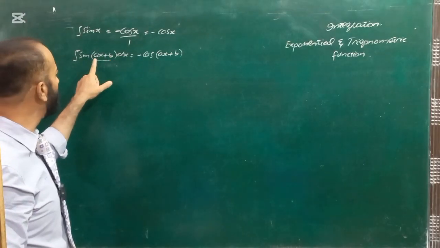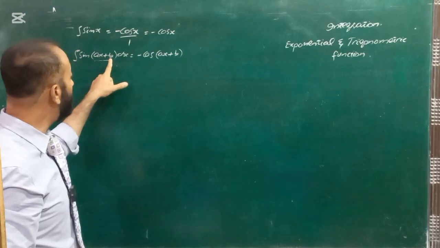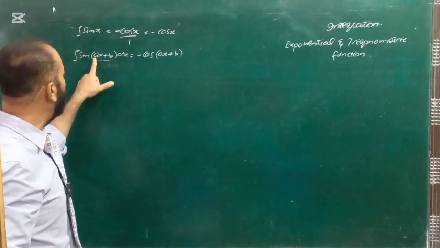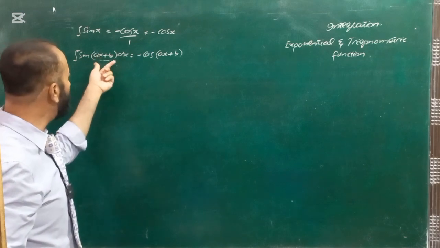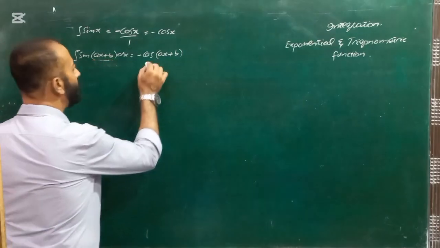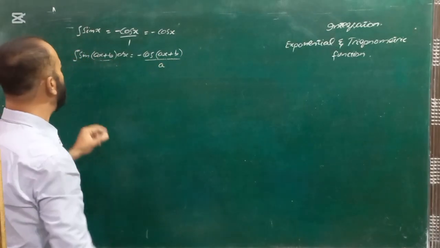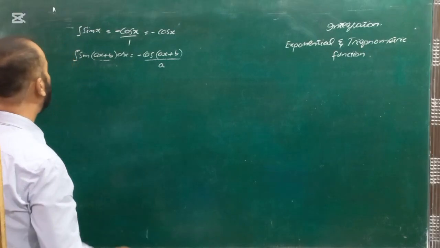The differential of ax + b will be a, because the differential of the constant value will be 0 and the differential of ax will be a. So the differential of the full angle is a, and we will put a in the denominator. So this is the integral of sin(ax + b).